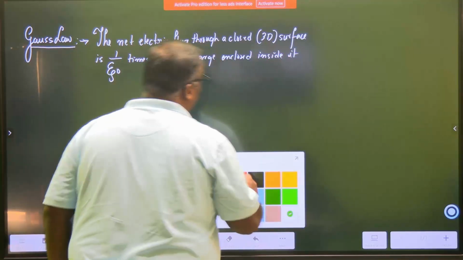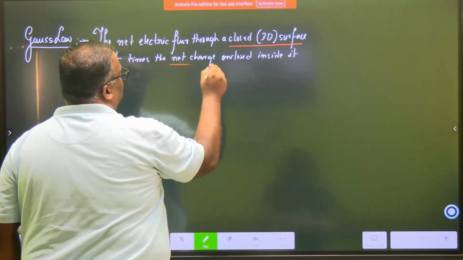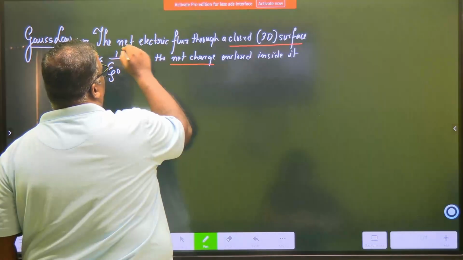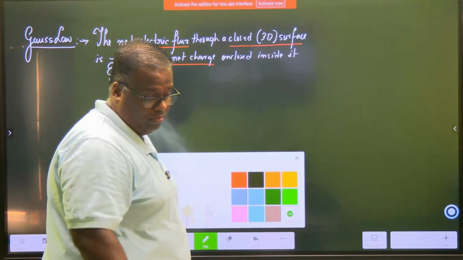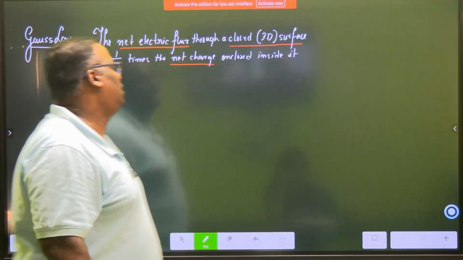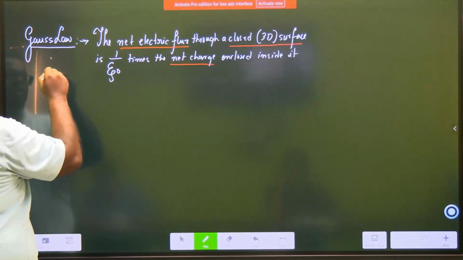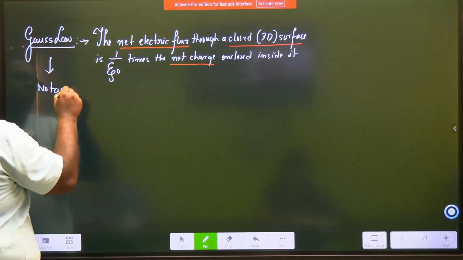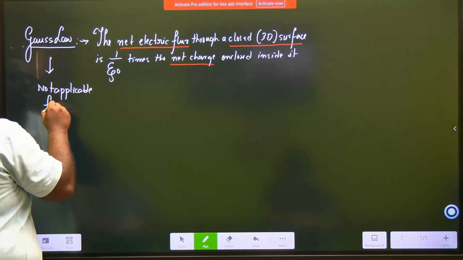Points to be noted here are closed 3D surface, net charge, and another point is the net electric flux, right? Net means if you have more than one charge, the condition of net will come in, and it is for 3D surface. Gauss law is not applicable for 2D surfaces.